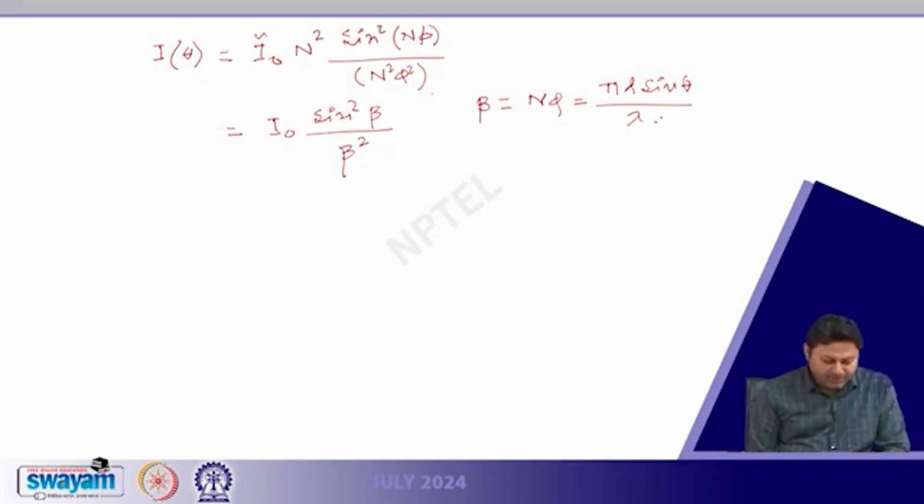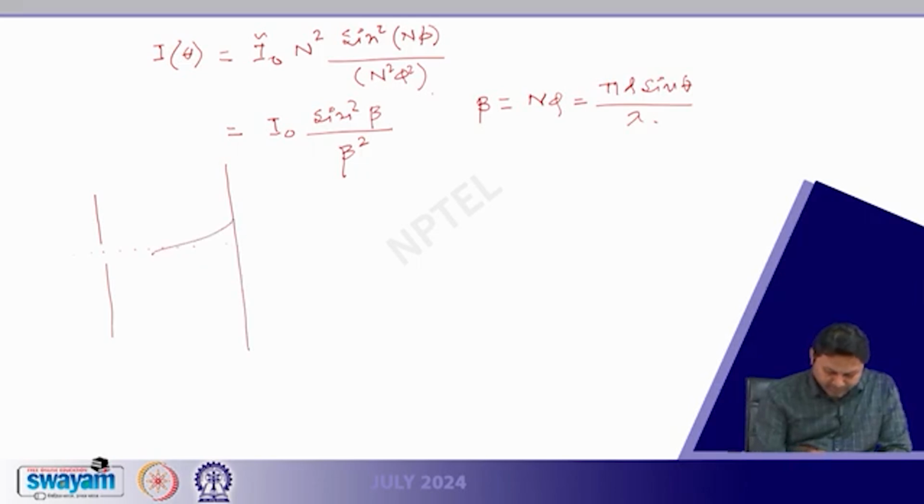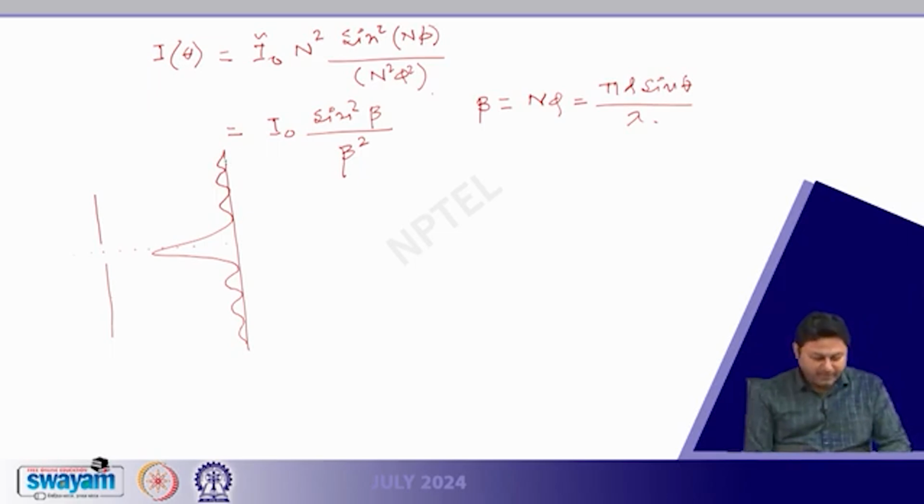And now, if somebody wants to plot it, this is called a sinc function, then the intensity will look like this. So, overall picture will be like this. I have an aperture here and we have a sinc function. It will distribute like this way, this is the square of the sinc function.